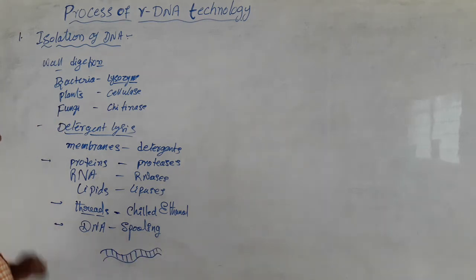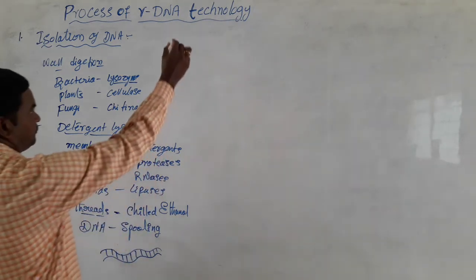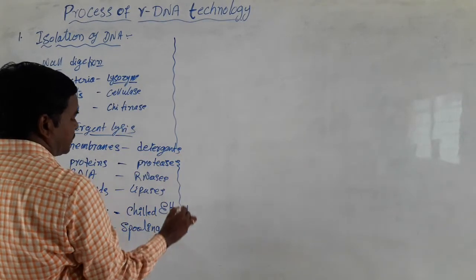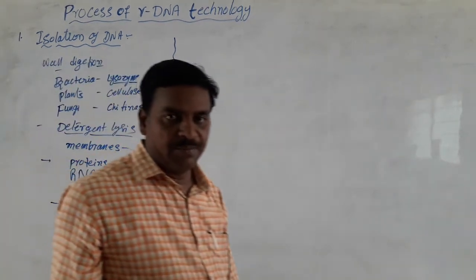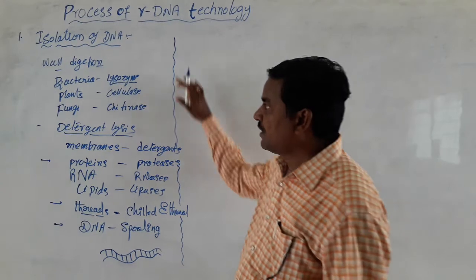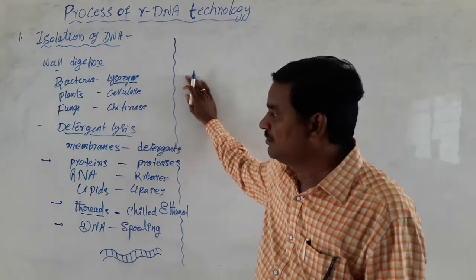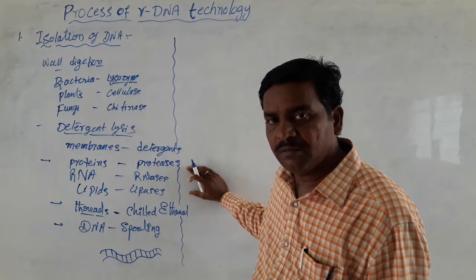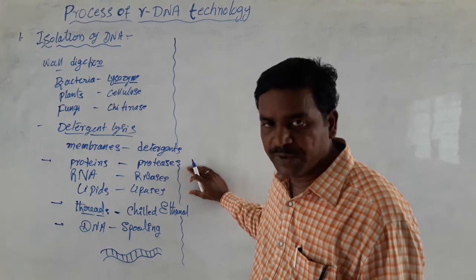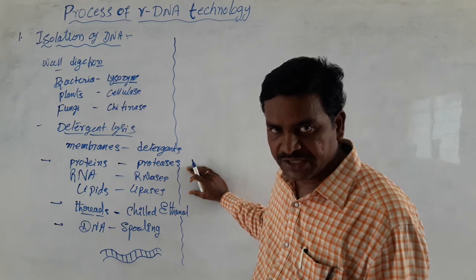This is DNA. So, the first step of recombinant DNA technology is isolation of DNA. It is followed by wall digestion, detergent lysis, and digestion of all macromolecules by using the appropriate enzymes or techniques.